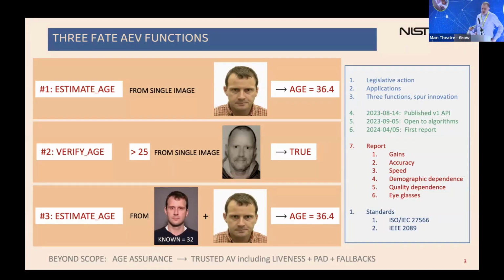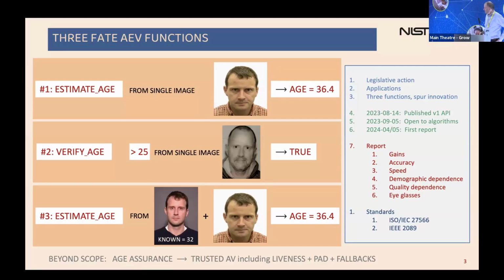So we did an exact repeat of what we did in 2014. We also did a number of other things, including measuring accuracy in different ways. So we looked at demographics and we looked at quality, eyeglasses, and we'll continue to do this. This is an open-ended activity. New algorithms will come in and we will continue.